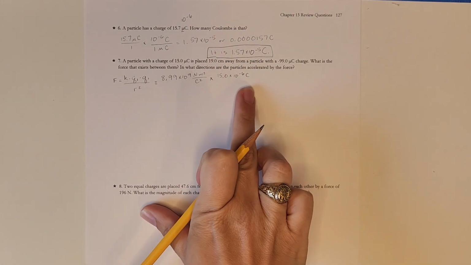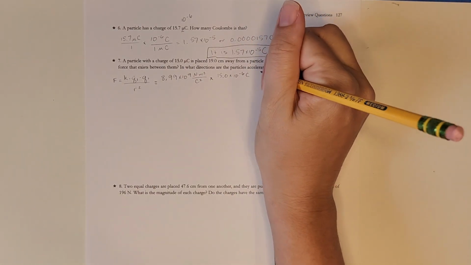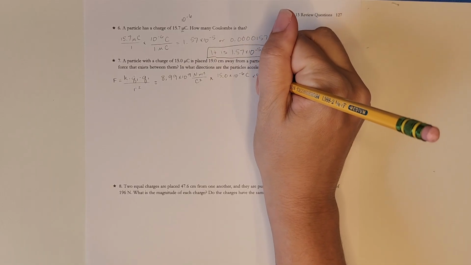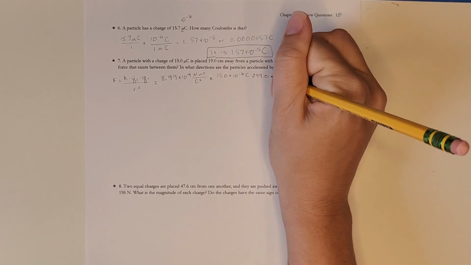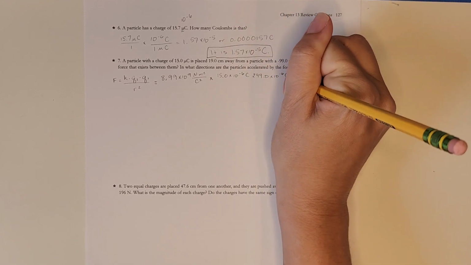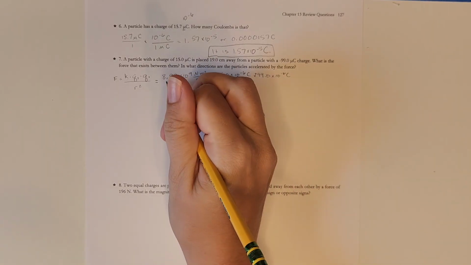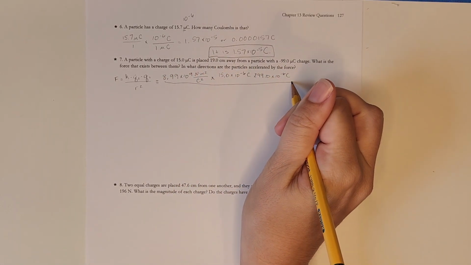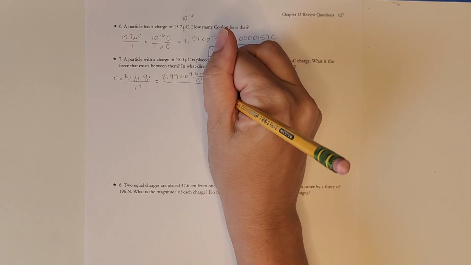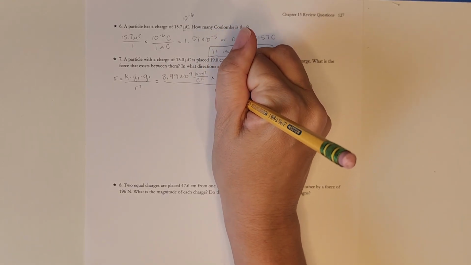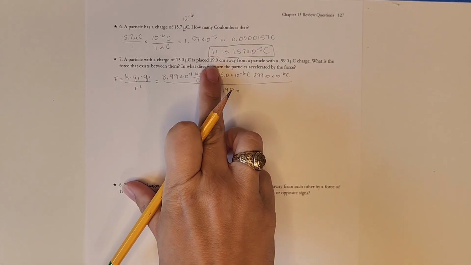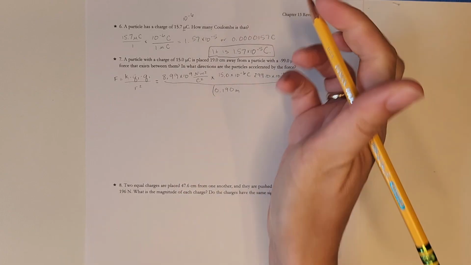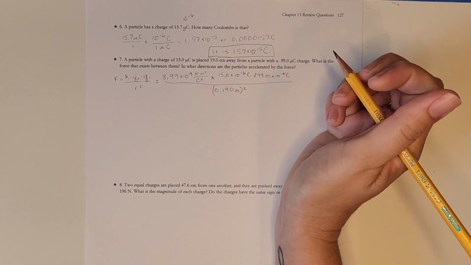This isn't correct scientific notation, but it doesn't matter because we're in the middle of calculating. Then times negative 99.0 times 10 to the negative 6 coulombs, and divide that by 0.190 meters, which is 19 centimeters converted into meters, squared.